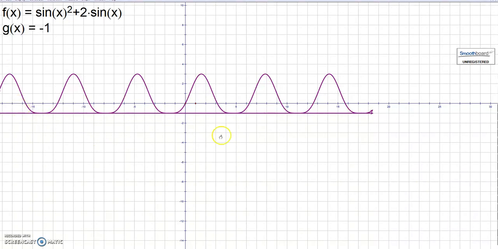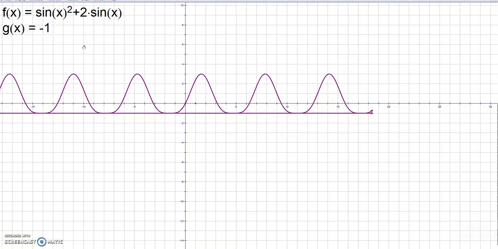So again, we're going to be graphing two functions. I don't expect you to know what this top function looks like. I do expect you to know what y equals negative 1 looks like, pretty easy. But you see that they do touch every so often on a fairly regular basis. So how could I work backwards from the equations and figure out where they actually intersect? So same sort of idea.